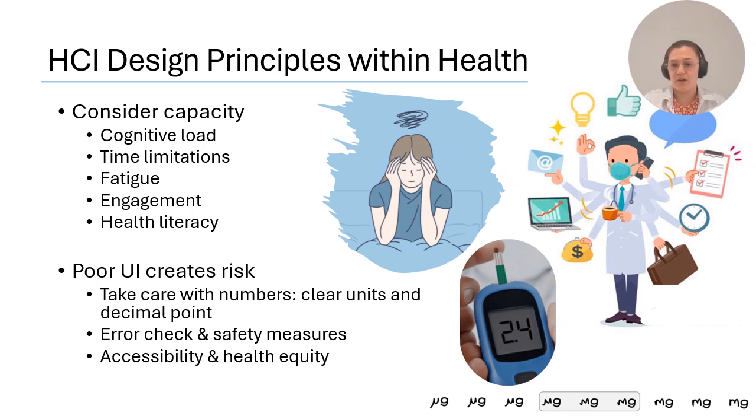So that's another thing that you might feed back on, is to make sure the units are really clear in that respect. But it's very easy with technology to put in error checks and safety measures. So if someone did put a dosage into a system that's way out of proportion, you could error check that and say, are you sure this is what you mean?